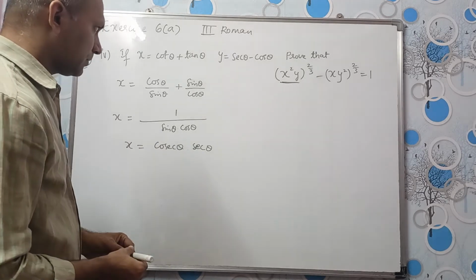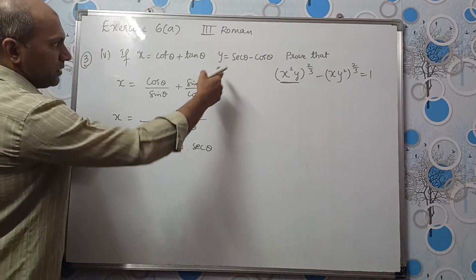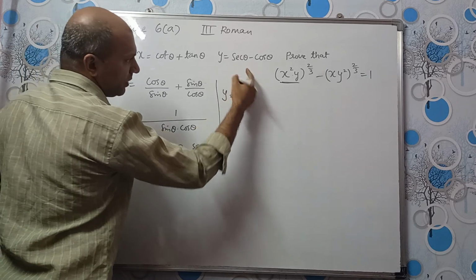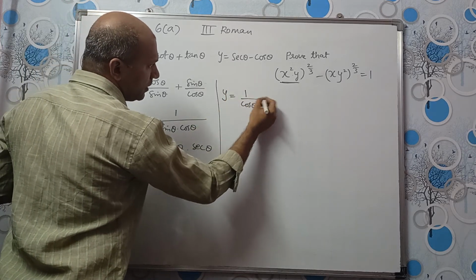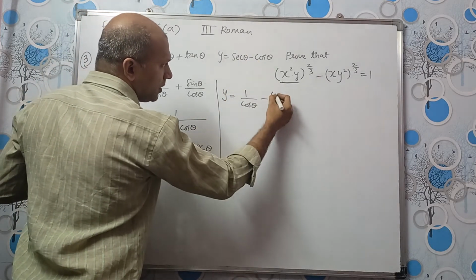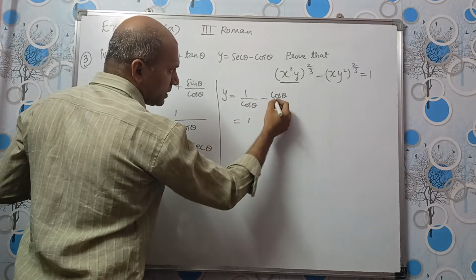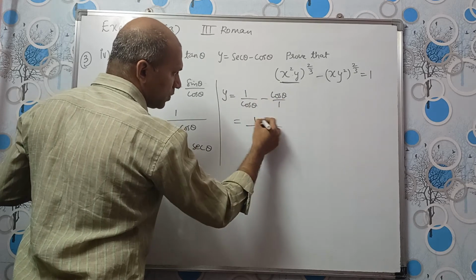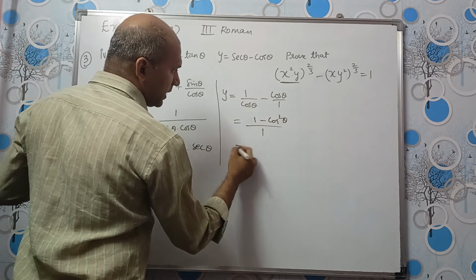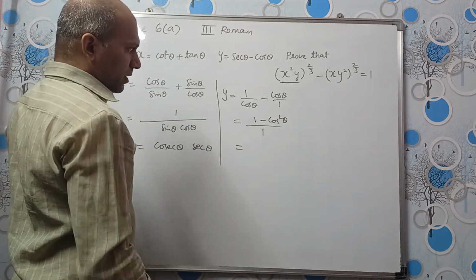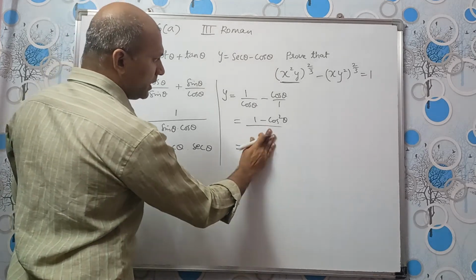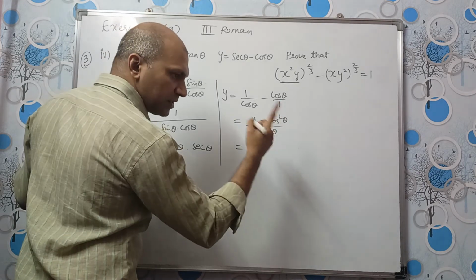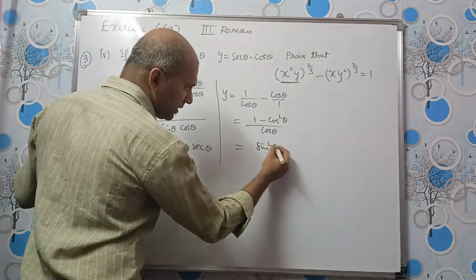Okay, and what will be the y value now? Let us simplify y also. Y is 1 by cos minus cos, because secant is 1 by cos. So the denominators are different, cross multiply: 1 minus cos square theta over cos theta. 1 minus cos square theta is sin square theta, right? We have studied this in the identities.